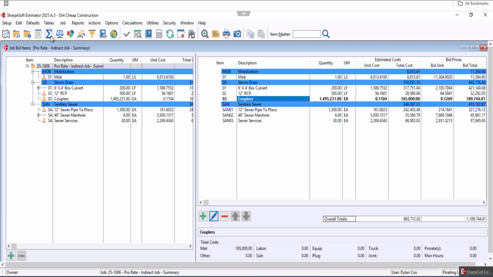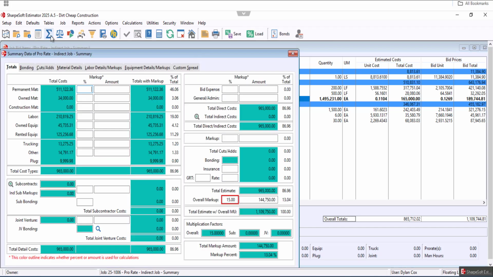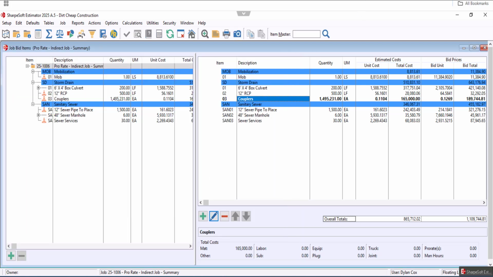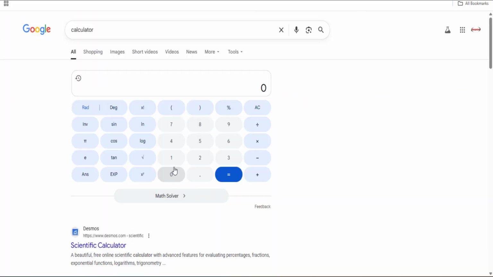We're going to open up our summary sheet. Because we have an overall markup of 15%, that 15% is also going to be applied to that bid item. So if we open up our calculator, that is 165,000 times 15%, which gets us 24,750.